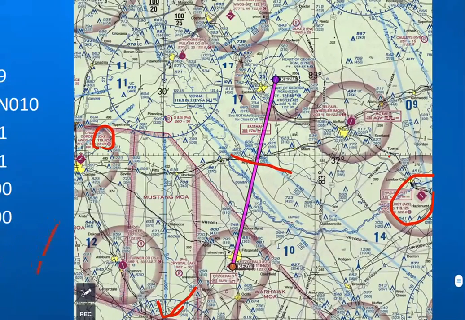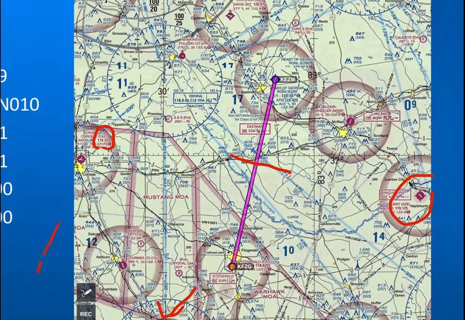Where is Class E airspace on our flight path where the red line is? What is our MSL altitude of E airspace there? 1200 MSL. About 1400.